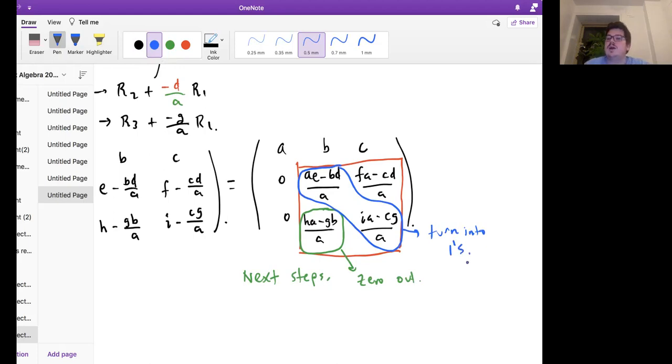And then what else would I want to do? Suppose you've done that, then what would your next step be? I've zeroed out that lower left entry. I've done some type 2s to put ones on the diagonal. And then what would your next step be? How would you start the reduced row echelon?